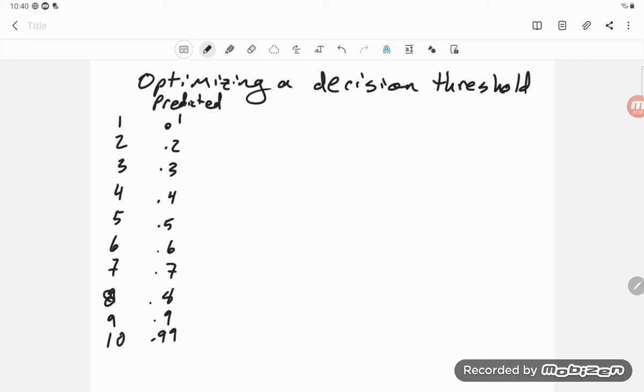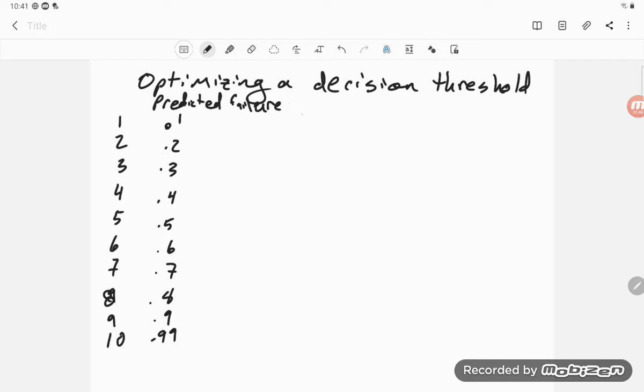So those are the predicted, say in our case, given that we're doing this project, so predicted failure, say. So I'll put failure there.